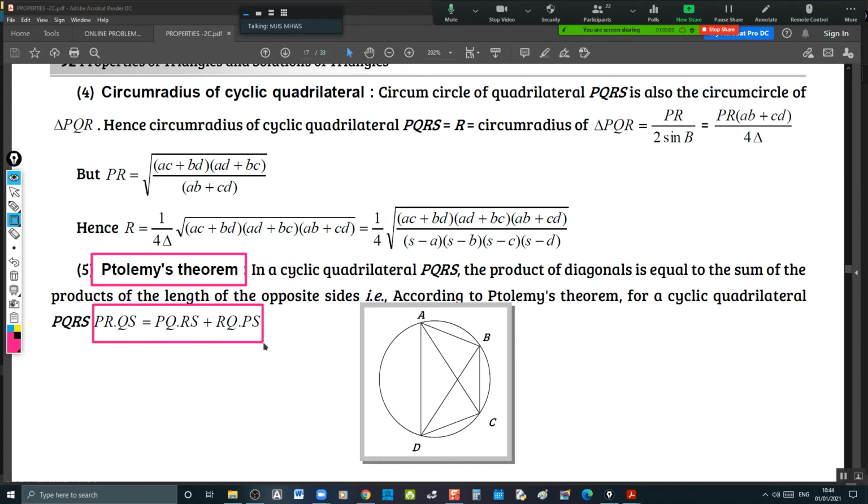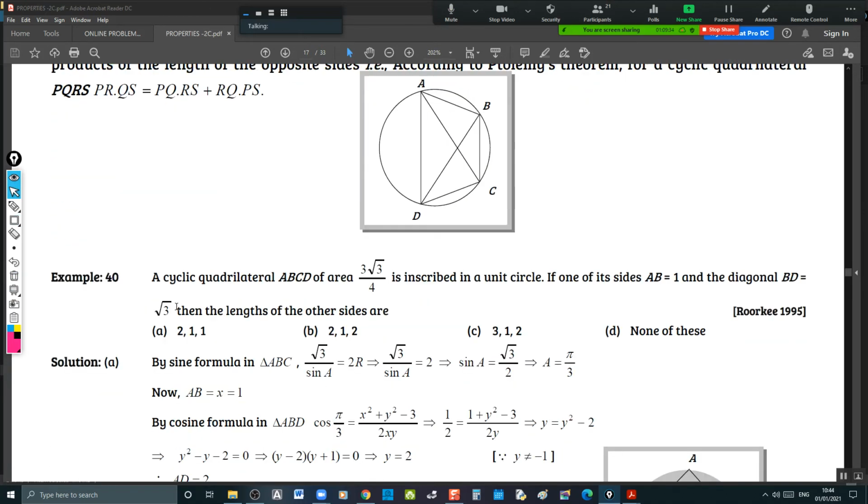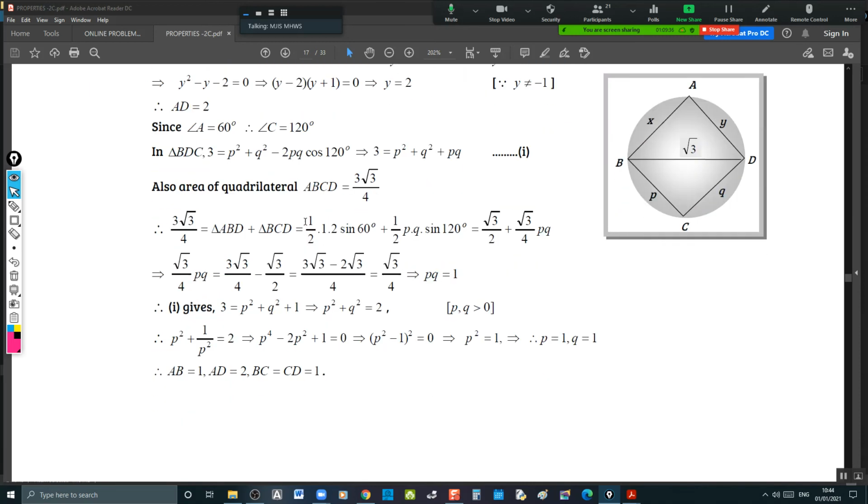Just say that, for a cyclic quadrilateral PQRS. This is PQRS; he has given ABC there. That is Ptolemy's theorem. Just revising, please. Whenever a problem comes, we will discuss that also. That's it. The theory part and the formula part are done, according to me.